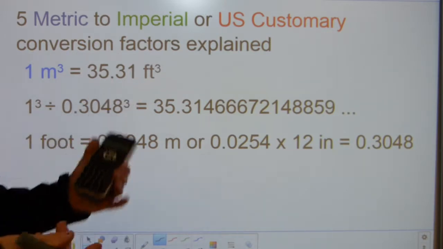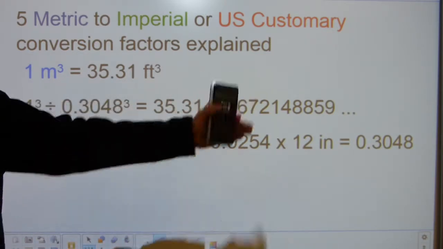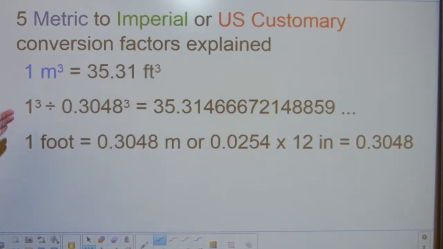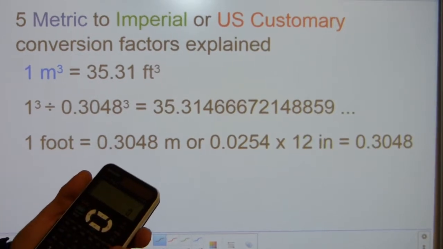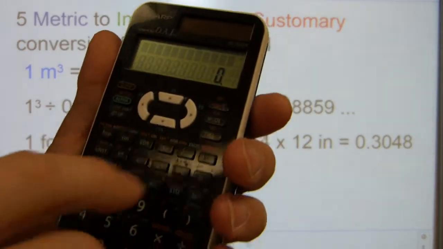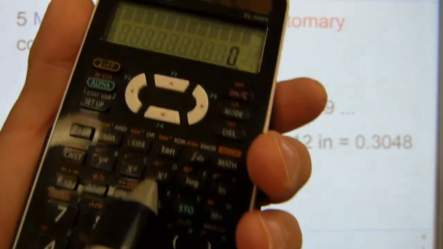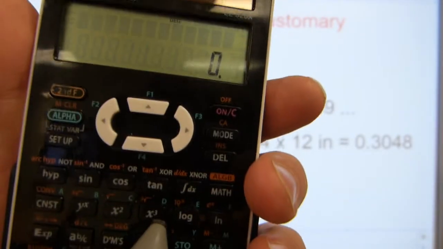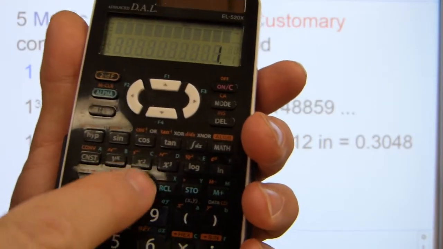You can do this on your cell phone too. So 1 cubed, and this is how it looks. You're going to need this button here that's labeled on some calculator models as x3. So 1 x3.